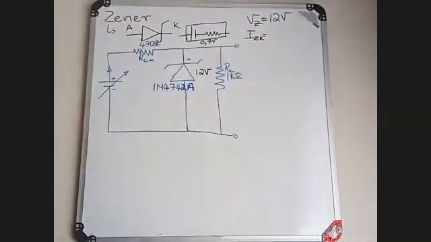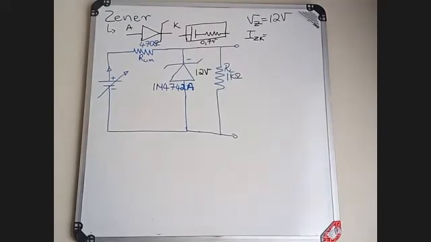Once you get the typical V of 12 volts, you go and check what your Zener test current is.